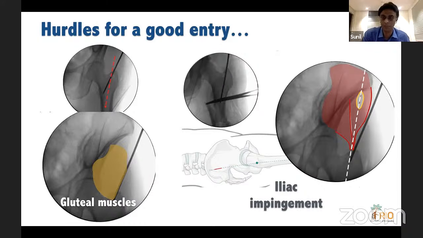Sometimes, especially in very obese patients, your entry point on skin can be really, really high. So before you commit to an incision, make sure you get your entry point trajectory right, and then start extending your incision from proximal to distal. Sometimes this entry point can be as high as the ASIS.